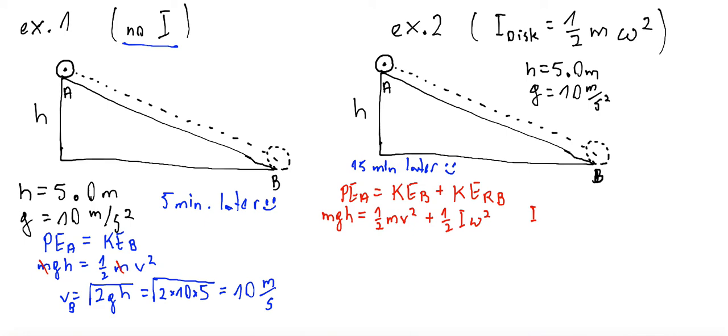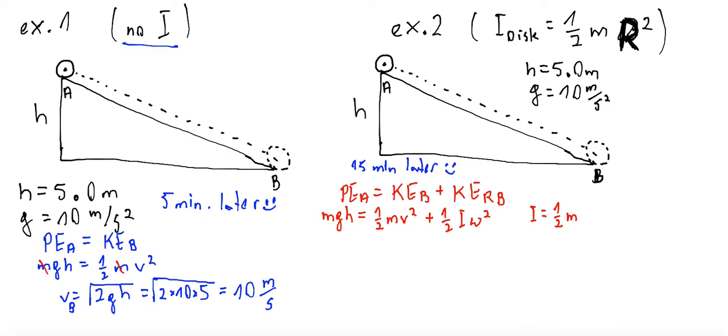We know that I is equal to half of m r squared, of course, not omega squared. Sorry, I will write in the comment that in example 2 I gave you the equation half of m omega squared. It should be half of m r squared.